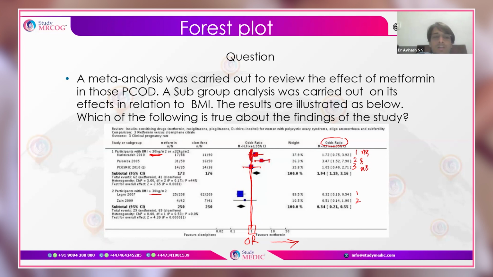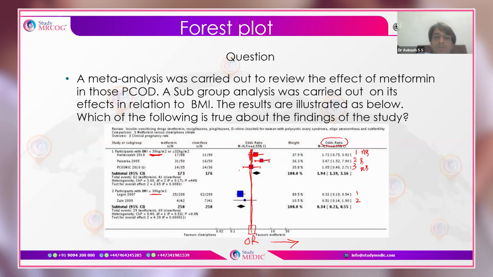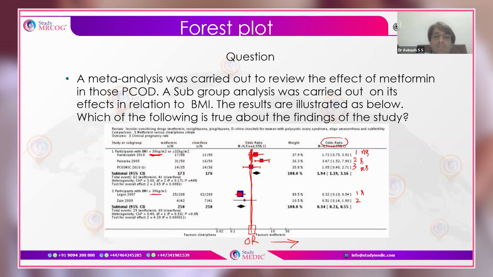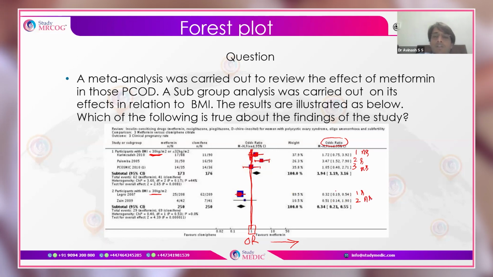Similarly, in subgroup analysis 2, where BMI is more, a very high weightage is given to this study. The confidence interval is also narrow, which means very reliable. It does not touch the line of no effect, so it is a very significant study. Whereas the second study has very less weightage, a very broad confidence interval, which is a very unreliable finding, and it touches the line of no effect, so it is not significant.